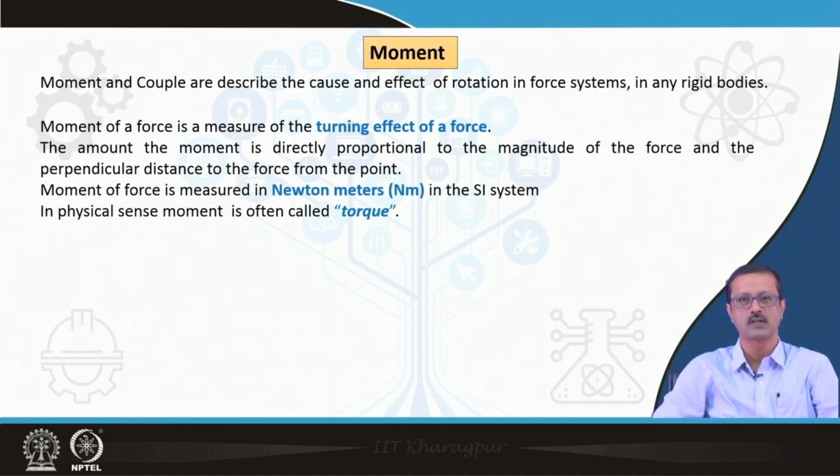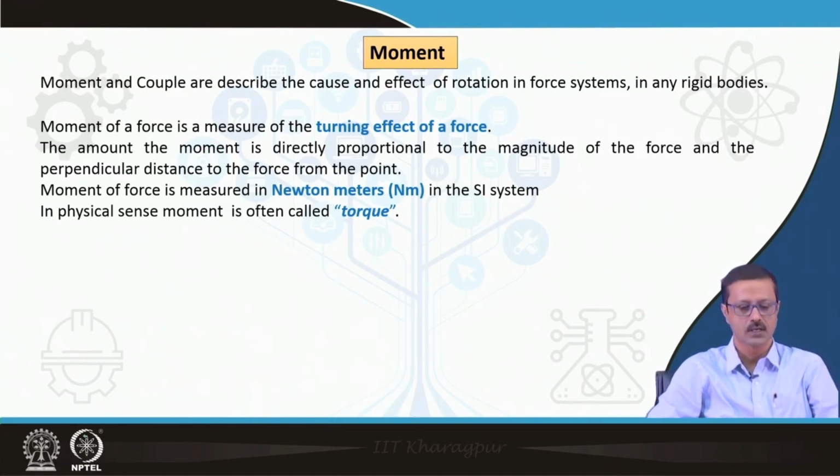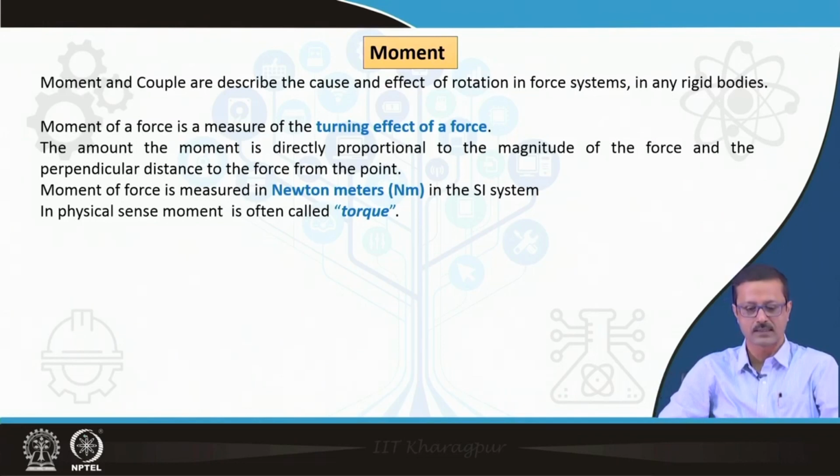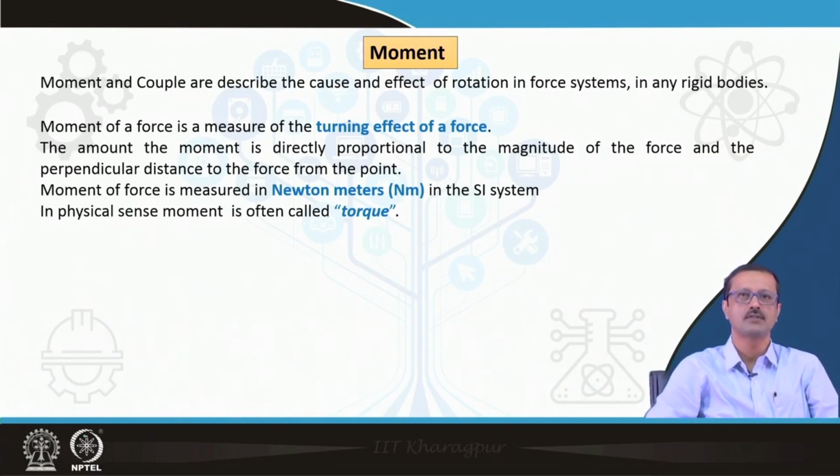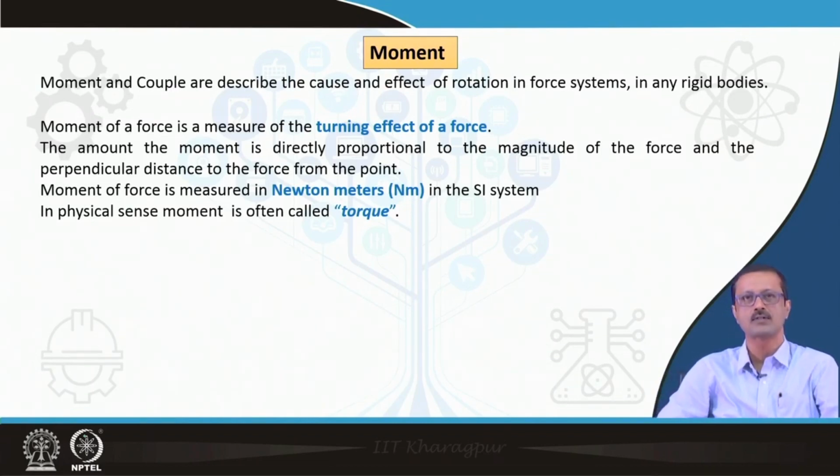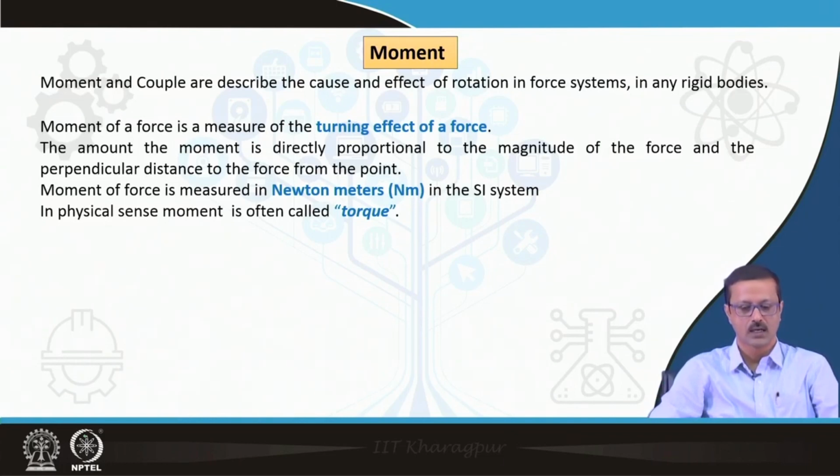Turn means the rotational effect of the force because of that distance of separation from a certain point. So, the amount of moment is directly proportional to the magnitude of the force and the distance between the force and the particular point, which I am going to mention for different purposes and different systems.